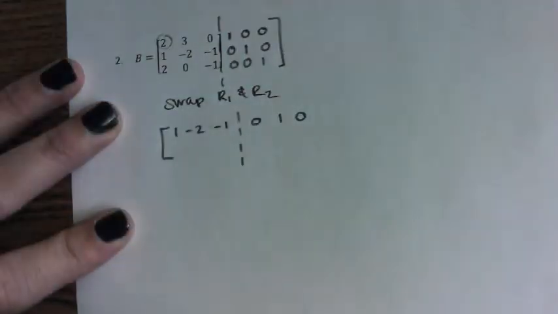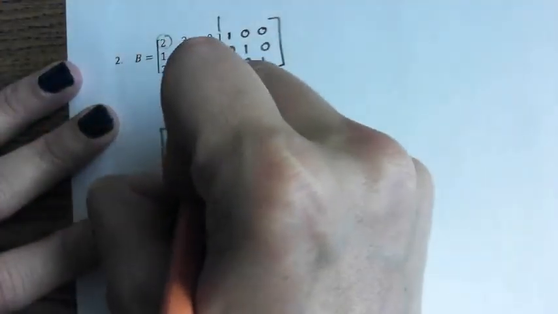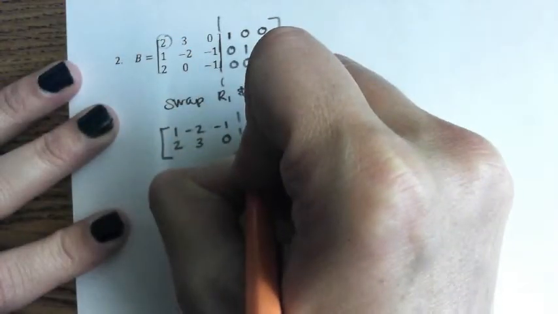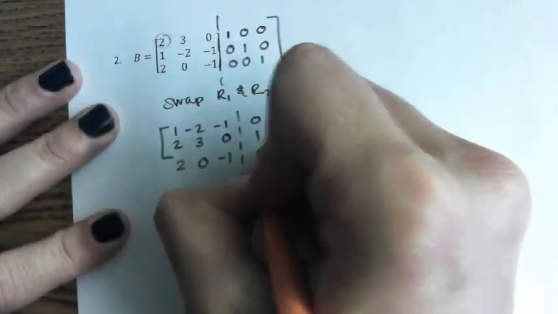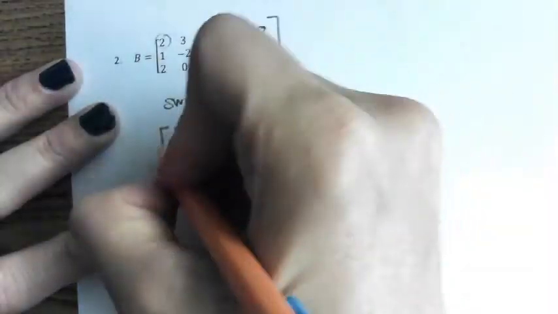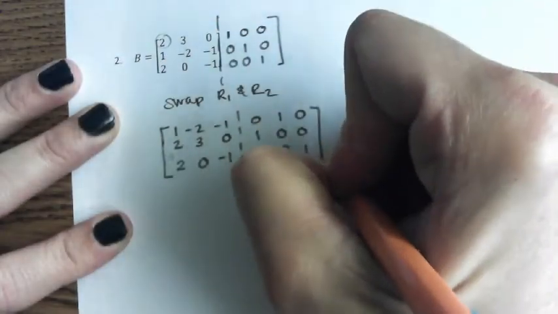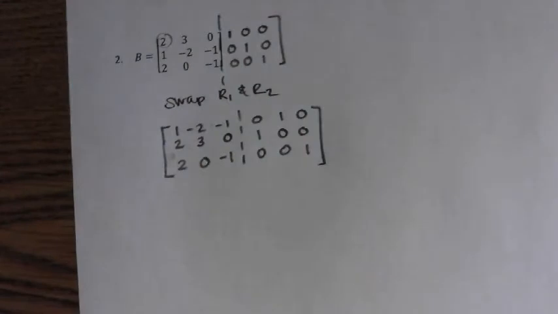And make sure you're swapping right through that identity matrix too. Okay, so that mission is accomplished.